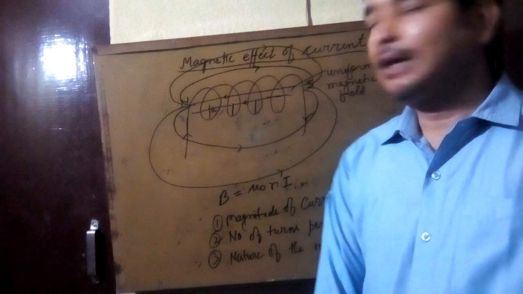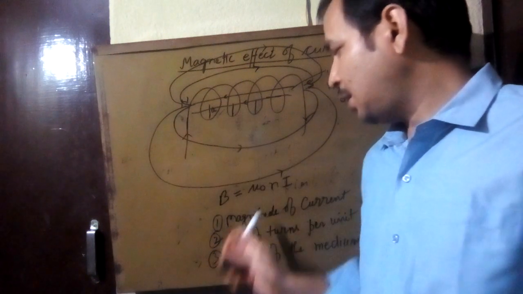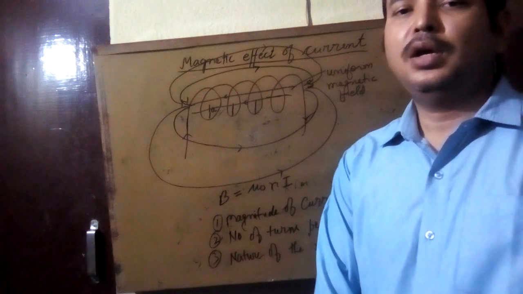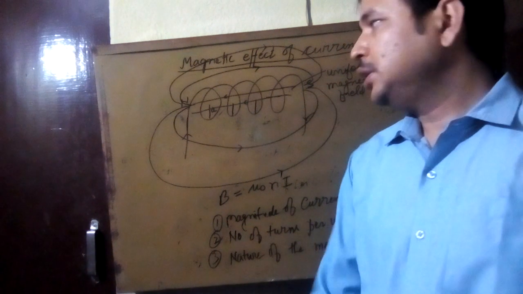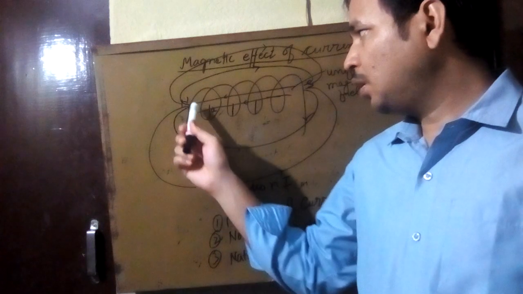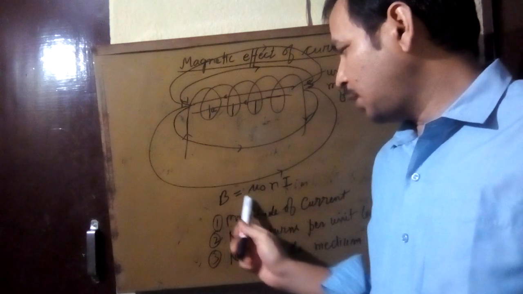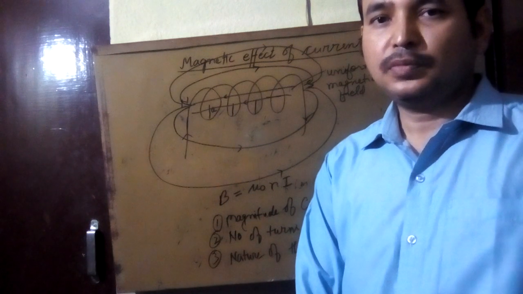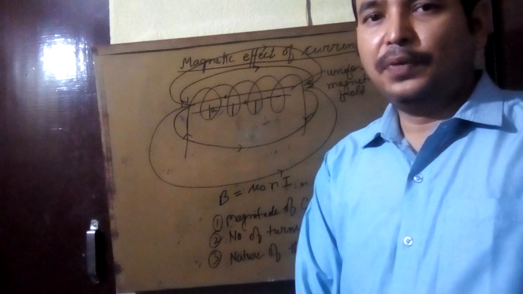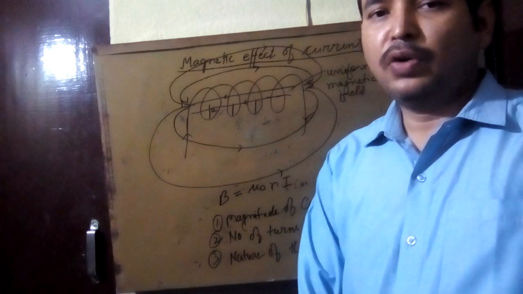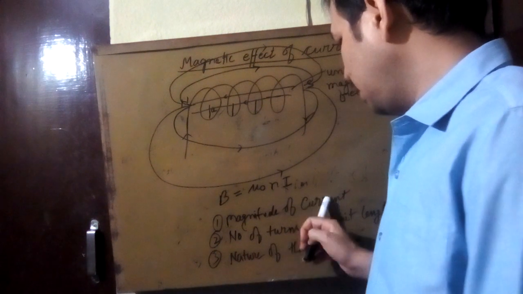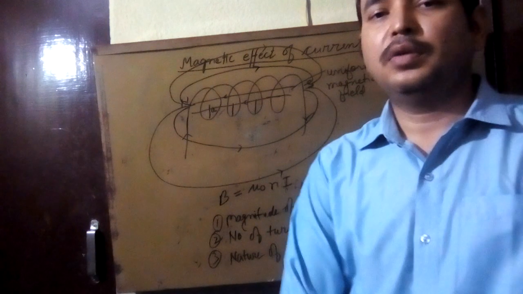We will see that when we insert a soft iron, the magnitude of magnetic field will increase, because we are increasing this factor. We will see in the next class how it will increase. So magnitude of magnetic field inside a solenoid depends on 3 factors: number of turns per unit length, magnitude of current, nature of the medium.